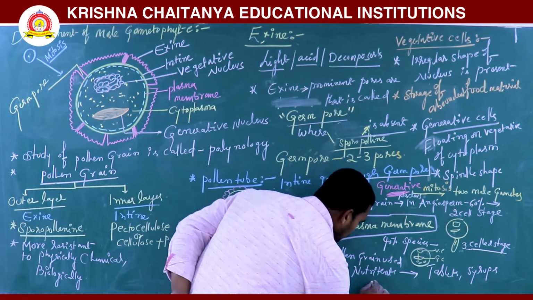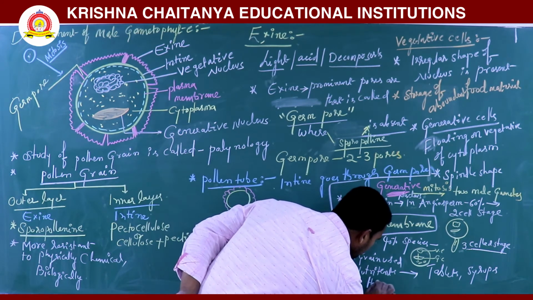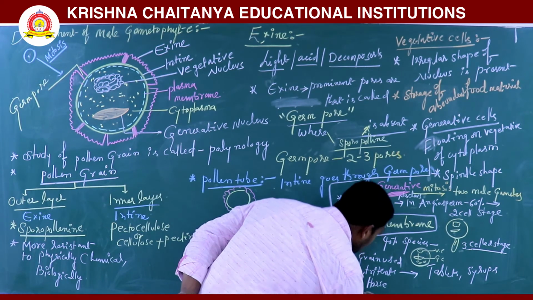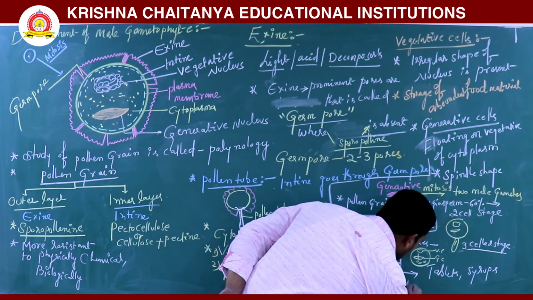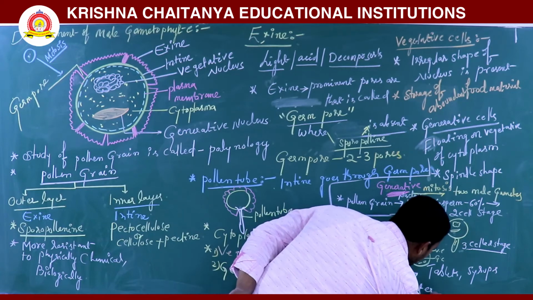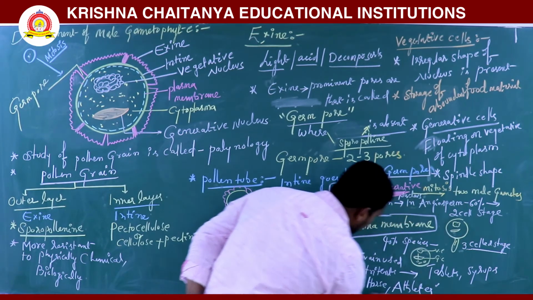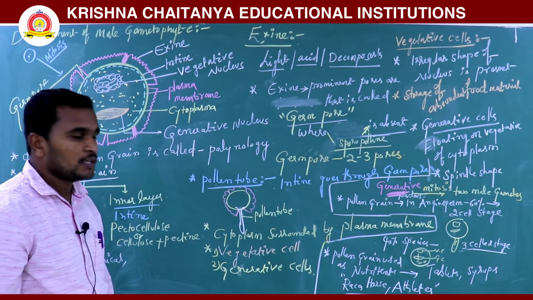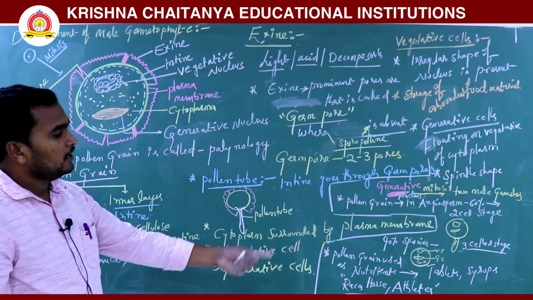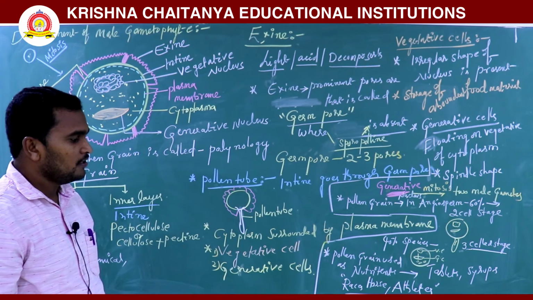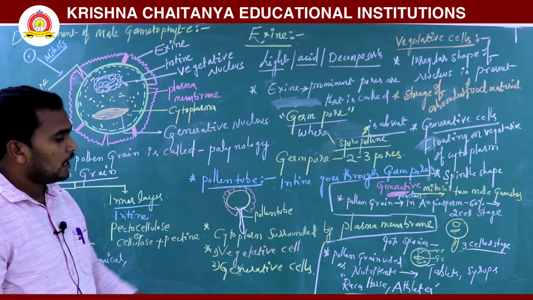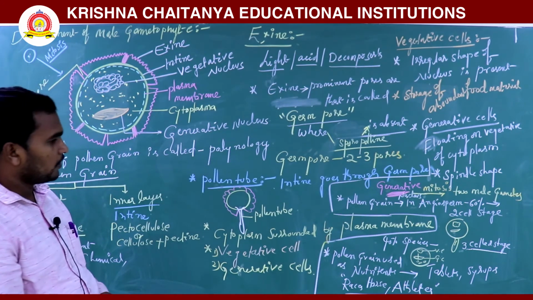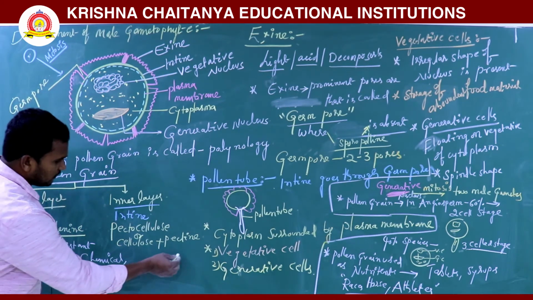Mostly they are used for race horses and also athletes, so their performance increases. They are used in the form of tablets and syrups, mainly for race horses and athletes. So that is also what we observe.